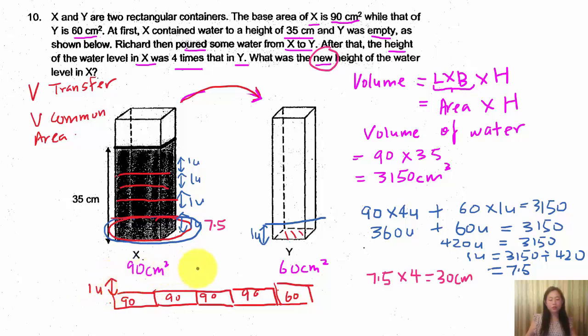So imagine a much shorter cuboid that is like a swimming pool, and because we have shifted from here to here, here to here, here to here, and finally from here to here.